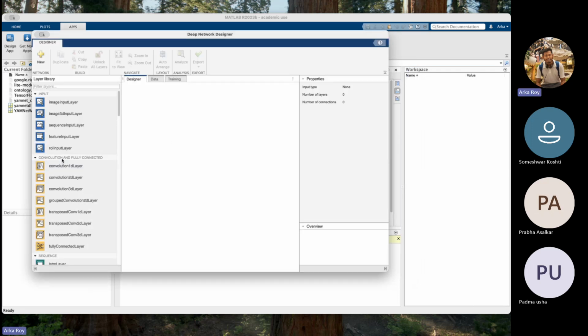When you open Deep Network Designer, MATLAB has given, in one way you can say, a good option.